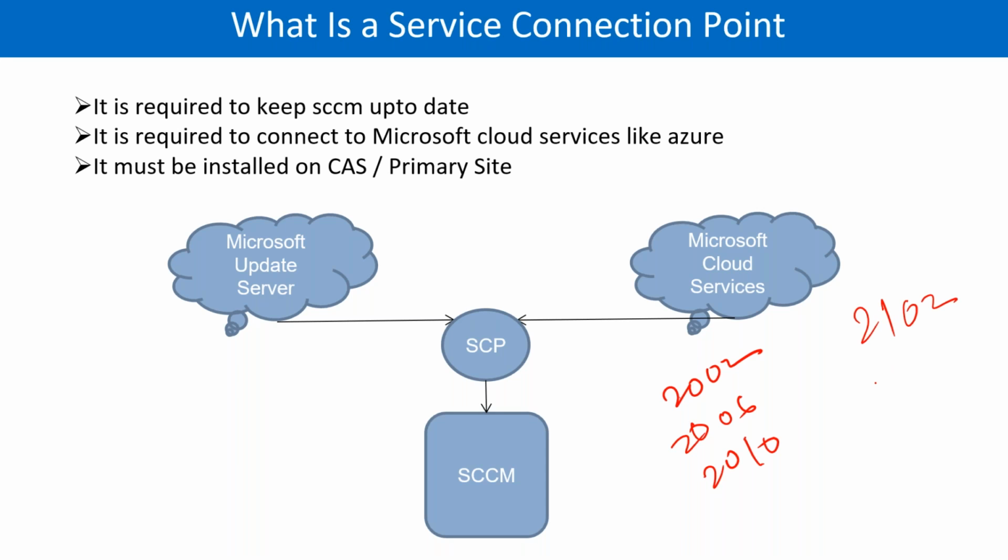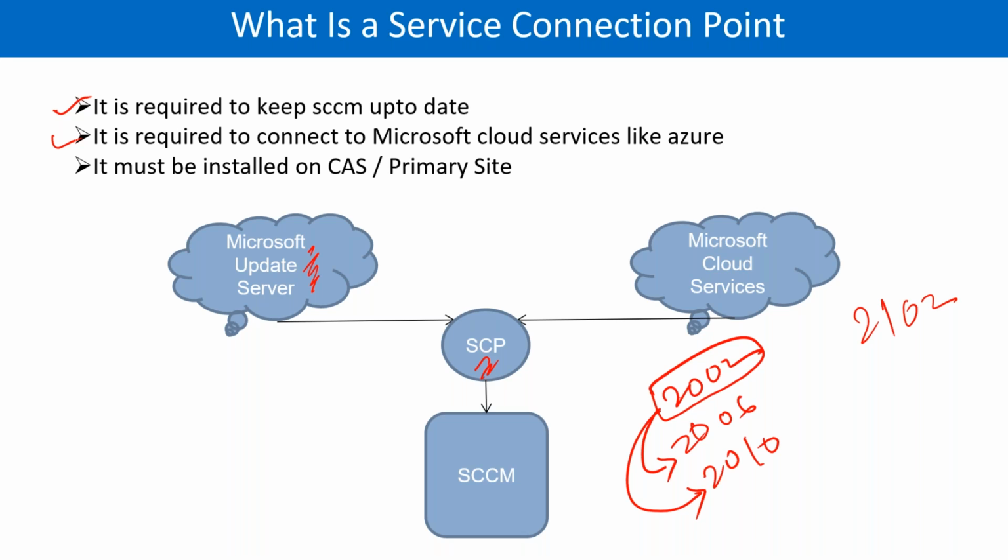So in order to update your SCCM, we need the service connection point. Let's say today you are on this version and you would like to go onto a newer one. The service connection point keeps checking with the Microsoft update server. If any new update is available, it will say yes, 2010 is available, then it will give you a notification. You can download and install. So it is required to keep your SCCM up to date.